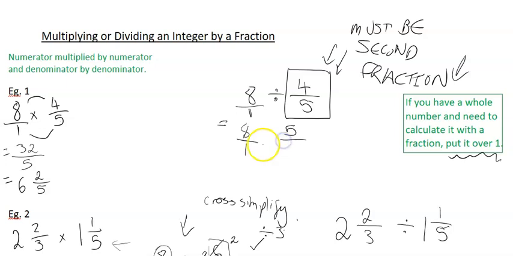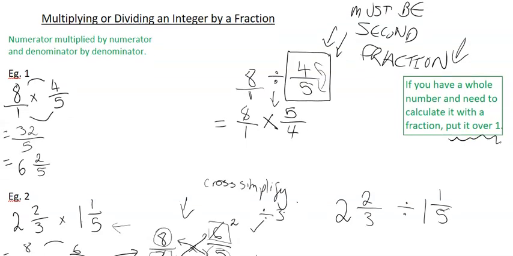So it ends up being 5 over 4. I'm just going to line this up nicely. See how I've literally just turned it upside down. 5 over 4. Because you've made that upside down, it actually turns the division into a multiplication. So this act of turning that fraction upside down is actually called the reciprocal.